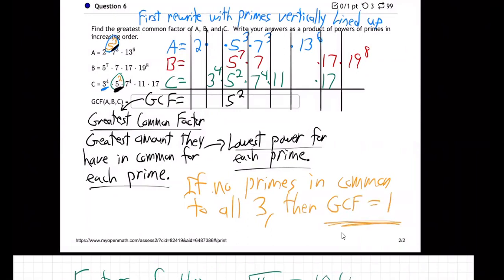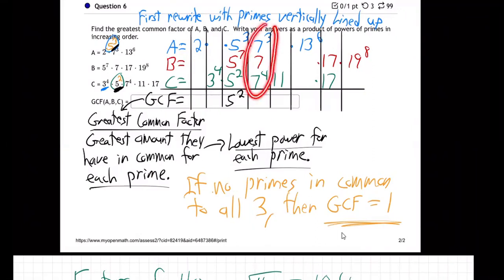The answer would be 1, and the reason for that is because 1 divides into all the numbers. We're not even showing 1, but we understand they really all have 1 in common, because 1 divides into every number. So in that case, if there's nothing else in common to all 3, the GCF is just 1. Good question.